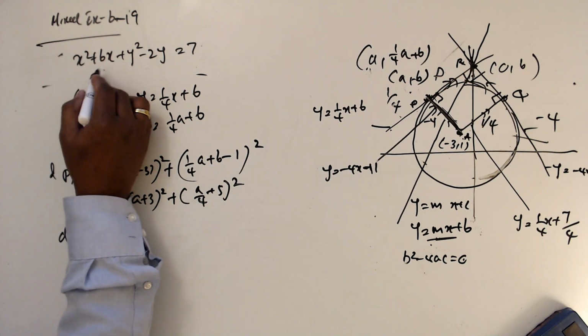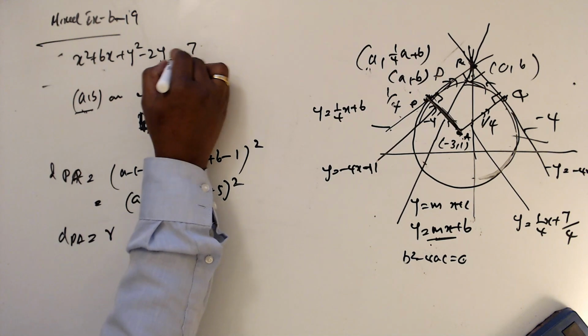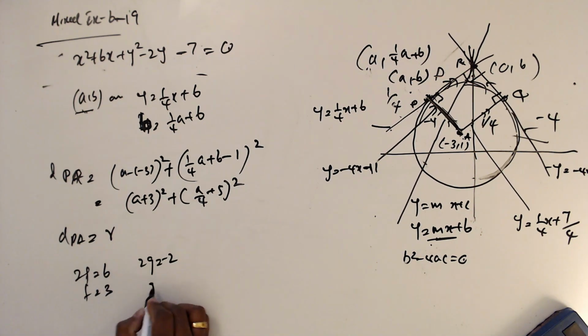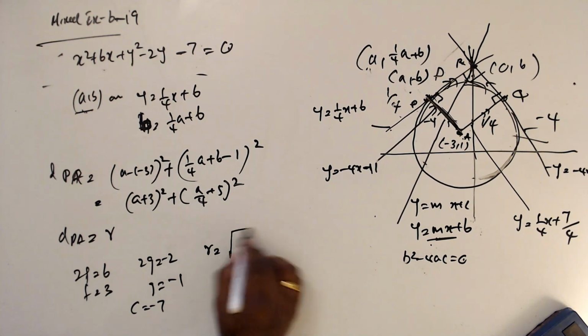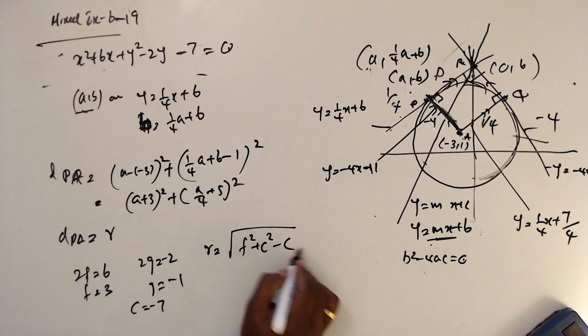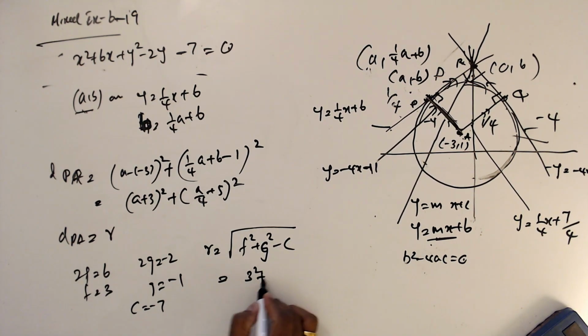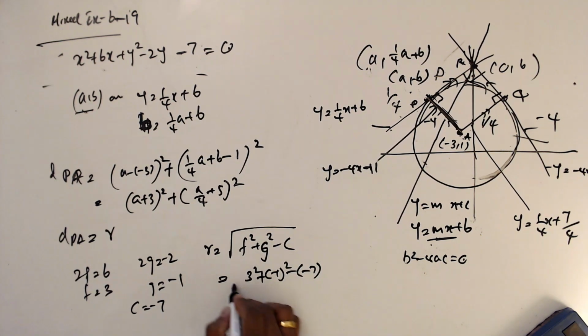We found out f equals 3, g equals minus 1, and c equals minus 7. The radius r equals the square root of f squared plus g squared minus c, which means 3 squared plus minus 1 squared minus minus 7.